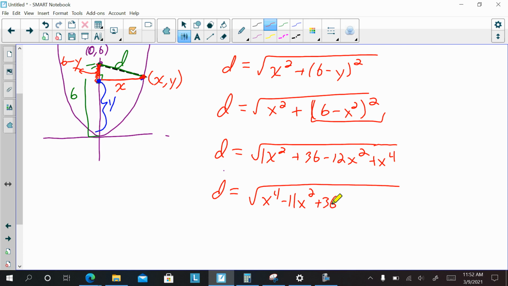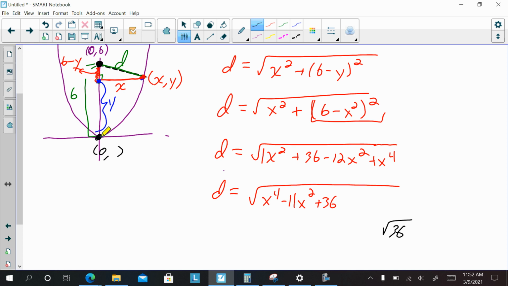So if you pick any given x value and plug in here, the answer to that is going to be the distance that that point is from 0, 6. So for example, if we pick this point, the x value here is 0. The y value is also 0. If I put a 0 in here, I get 0 minus 0 plus 36. So I get the square root of 36 is the distance, which is 6.